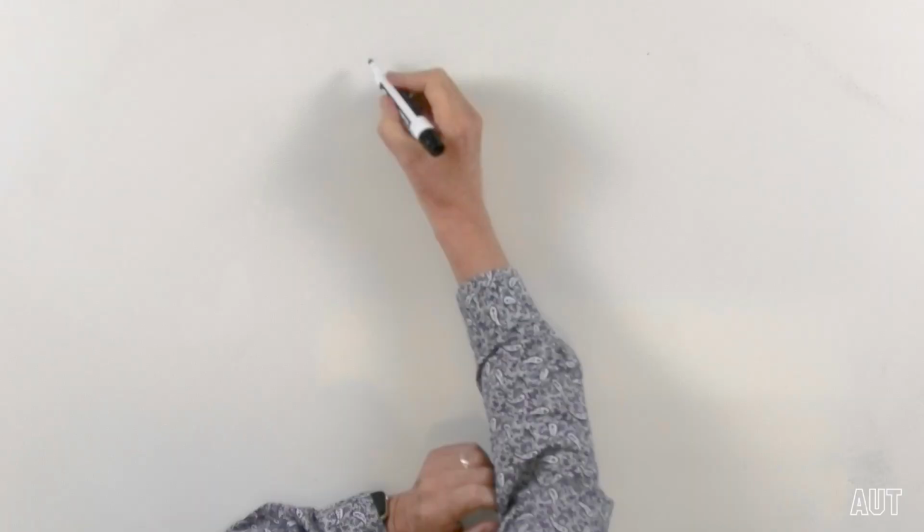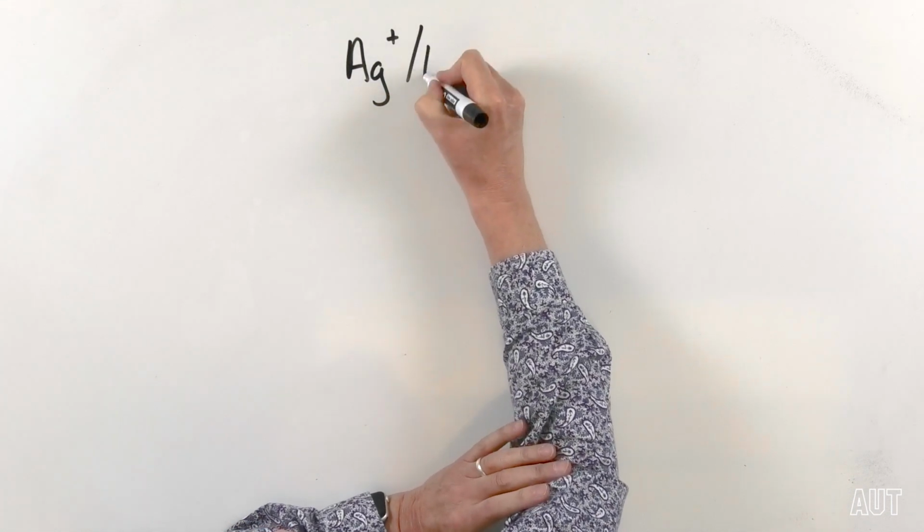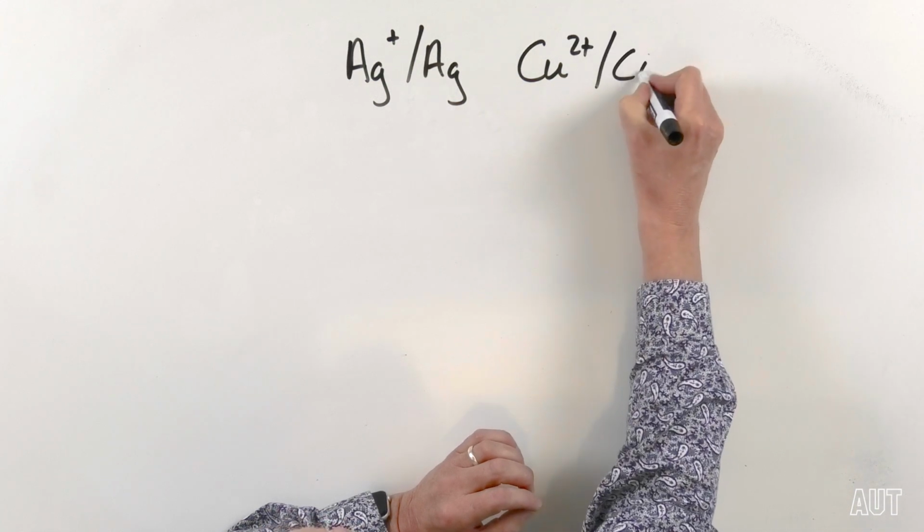Okay, and we're going to continue on with that by looking at now an example. Okay, so let's say we've got Ag plus Ag, and we've got Cu2 plus Cu. We've got those two half cells. So the question then becomes, and this is the sort of question that you'll get in final exams, what is going to be the spontaneous process if we essentially bring those two half cells together?